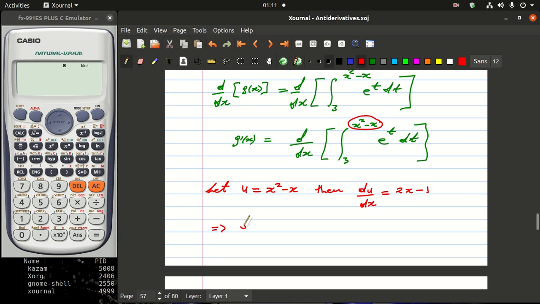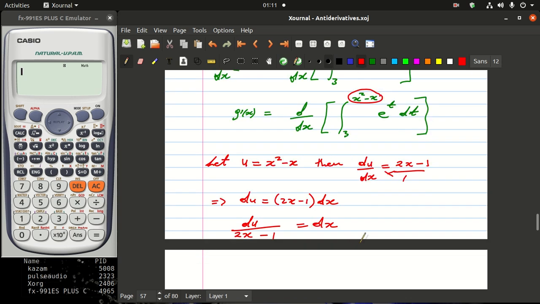This simply means that our du must be equal to 2x minus 1 times dx, because there's a 1 there. I cross multiplied, and then from there, solving for this one, I have to divide on both sides. So I'll have du divided by 2x minus 1 is equal to dx.